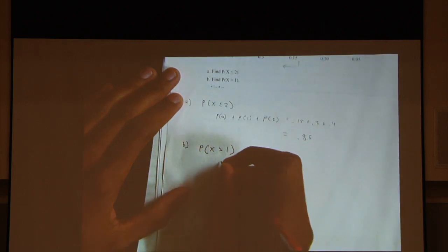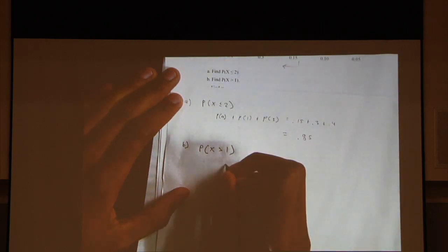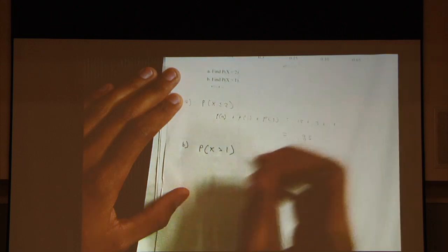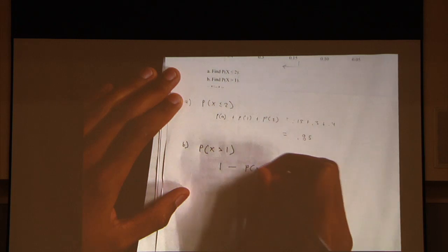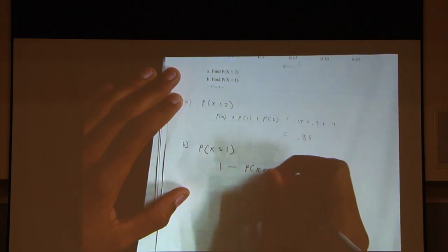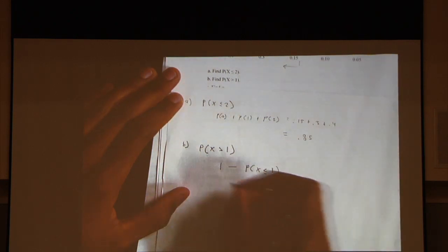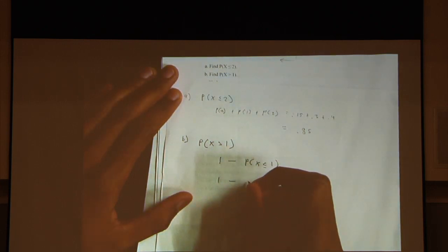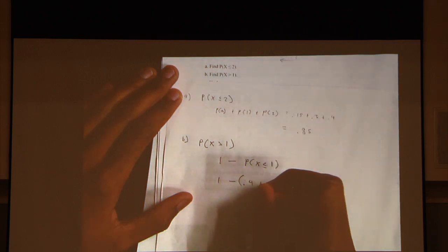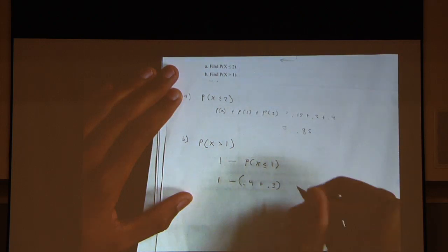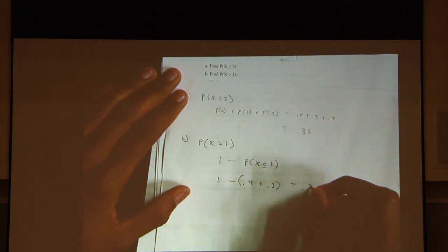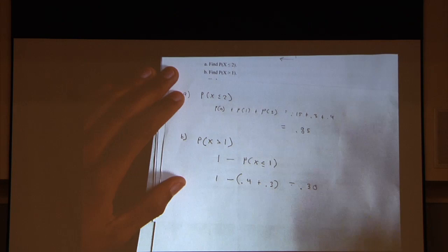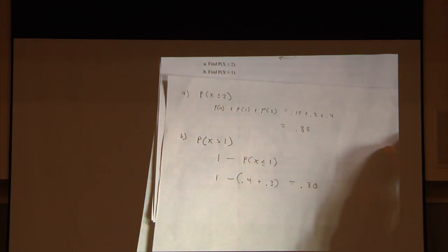Or we can just do the easier case: instead of adding all these numbers up, we can do 1 minus the probability of x less than or equal to 1, which is 1 minus 0.4 plus 0.3, which is 0.30. And if you do it the other way around, you should get the same answer.